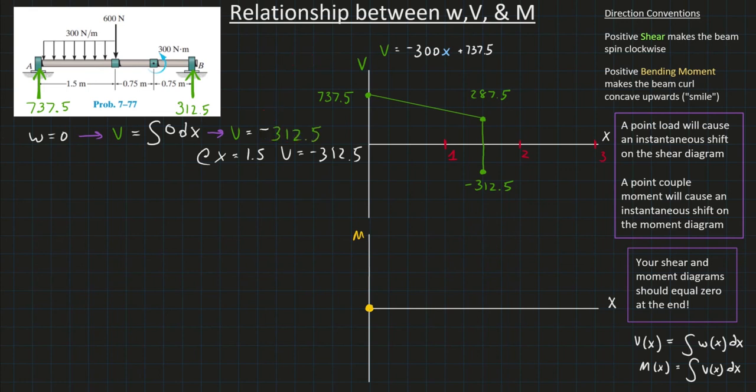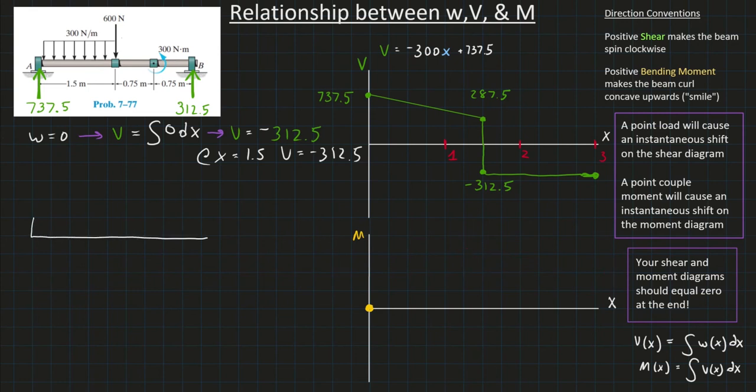And notice that my w is equal to 0 follows basically until the end of the beam. So this v equation is valid until the end of the beam. And it's just going to be a horizontal line, a constant negative 312. Now, we're at the very end, so we gotta make sure we're getting to 0.